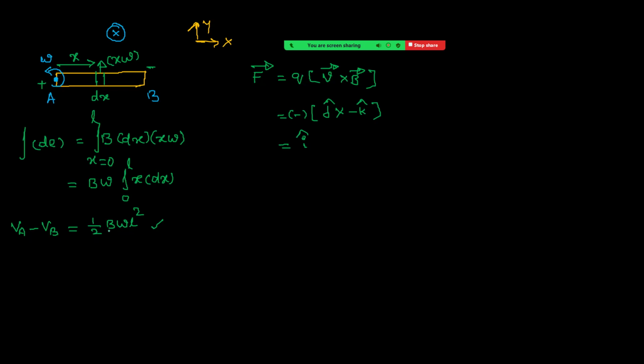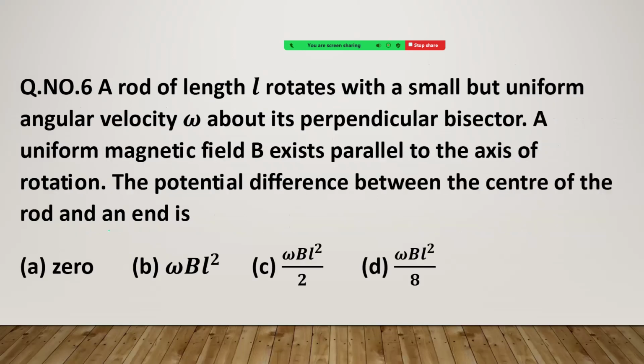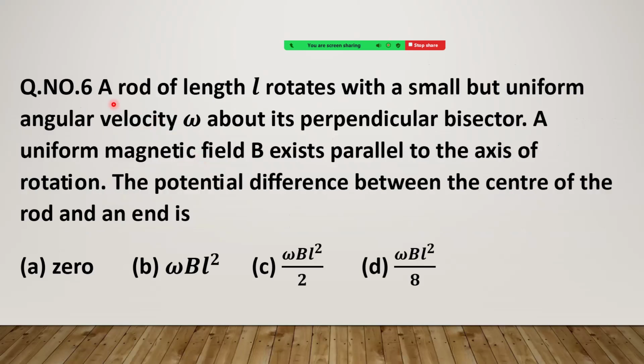Okay, let us see the next question. It is almost the same kind of question. A rod of length L rotates with a small but uniform angular velocity omega about its perpendicular bisector. A uniform magnetic field B exists parallel to the axis of rotation.